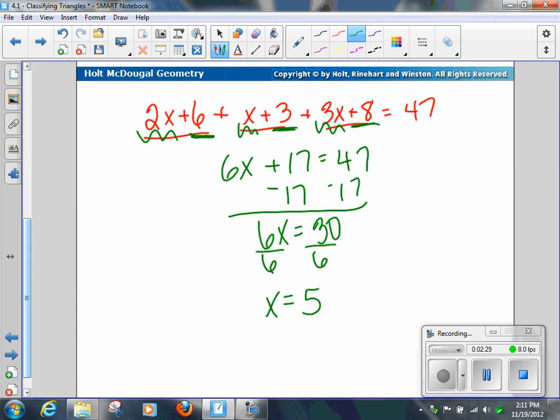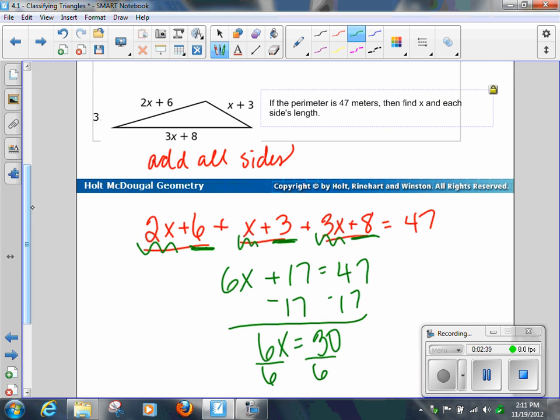Now, what did the instructions say? Because, see, it said find x, didn't it? And then find each side. So what do we do with that 5? Now we go back and we plug it back in. Okay? Now, what property are we using? Substitution property. Very good.